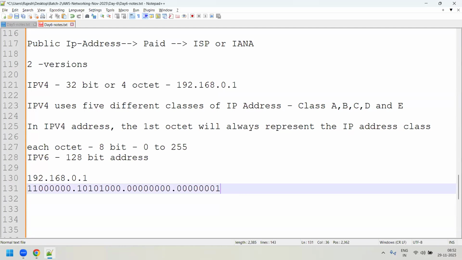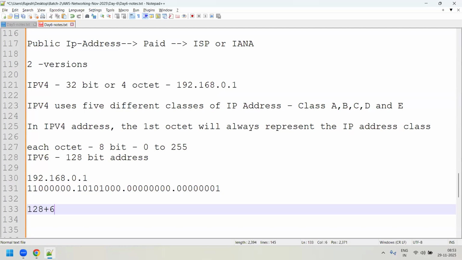So it is something like this: 128 plus 64 plus 32 plus 16 plus 8 plus 4 plus 2 plus 1. If you calculate, it will be 255.